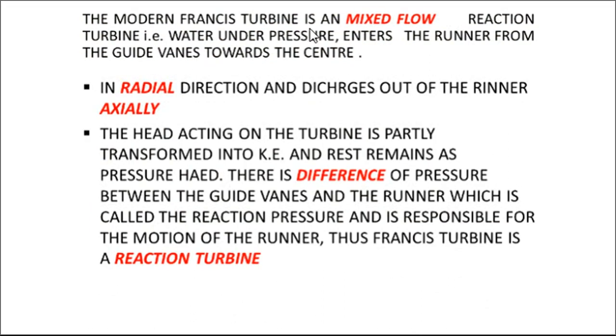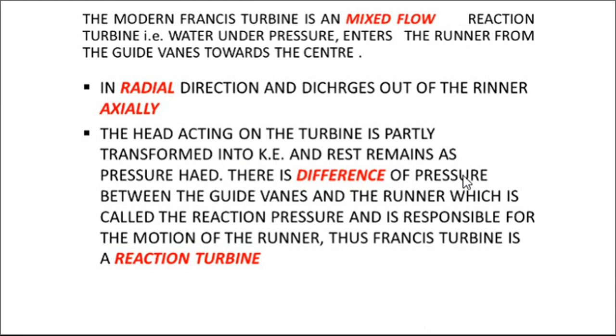Next, the modern Francis turbine is a mixed flow reaction turbine. That is, water under pressure enters the runner from the guide vane toward the center in the radial direction and is discharged out of the runner axially. The head acting on the turbine is partly transformed into kinetic energy and the rest remains as pressure head.